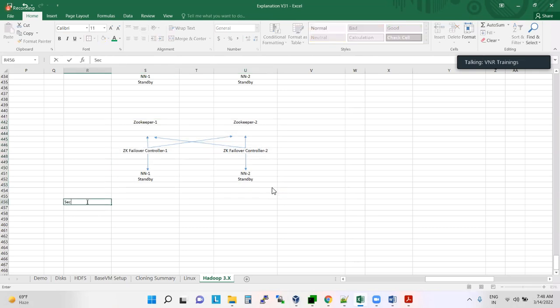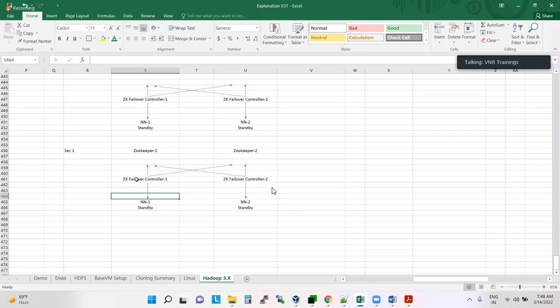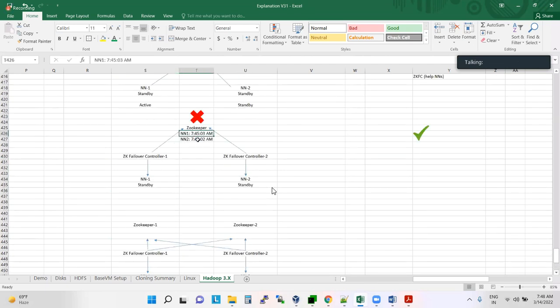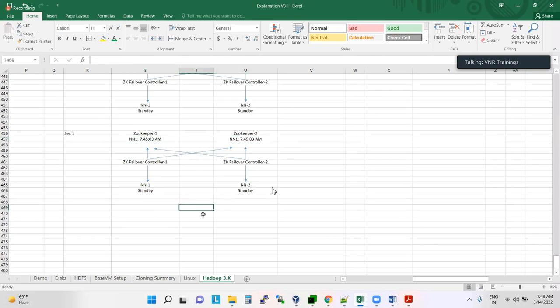Now, in the first scenario, what happened? The zookeeper failover controller has sent the heartbeat of name node 1 to zookeeper 1 at 7:45. At the same time, it has sent to zookeeper 2 also.